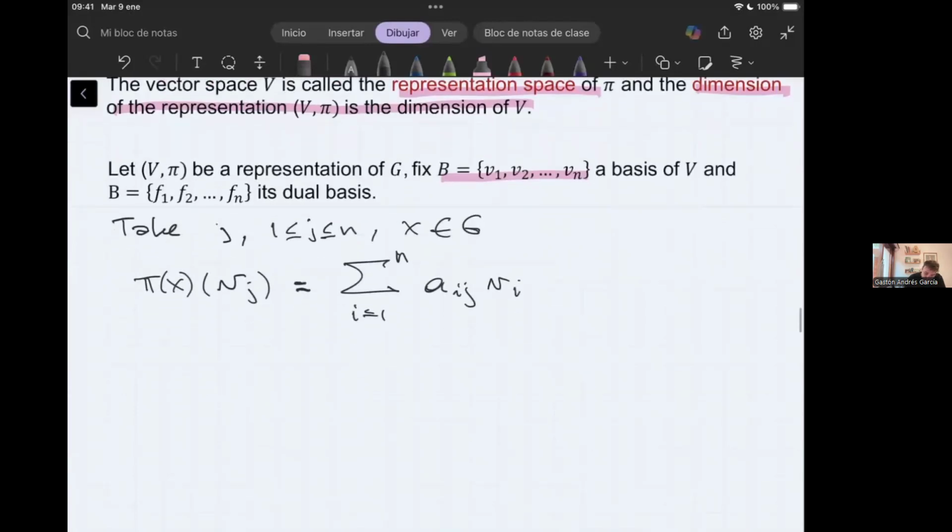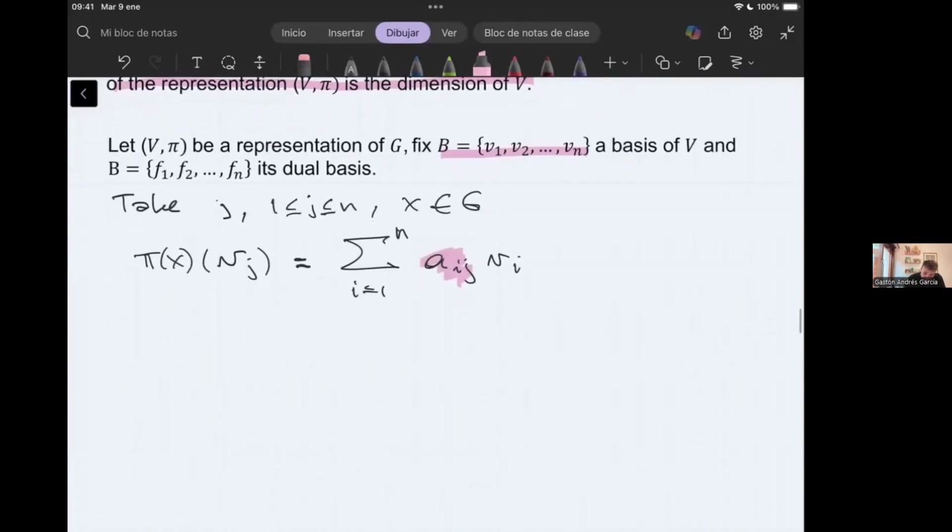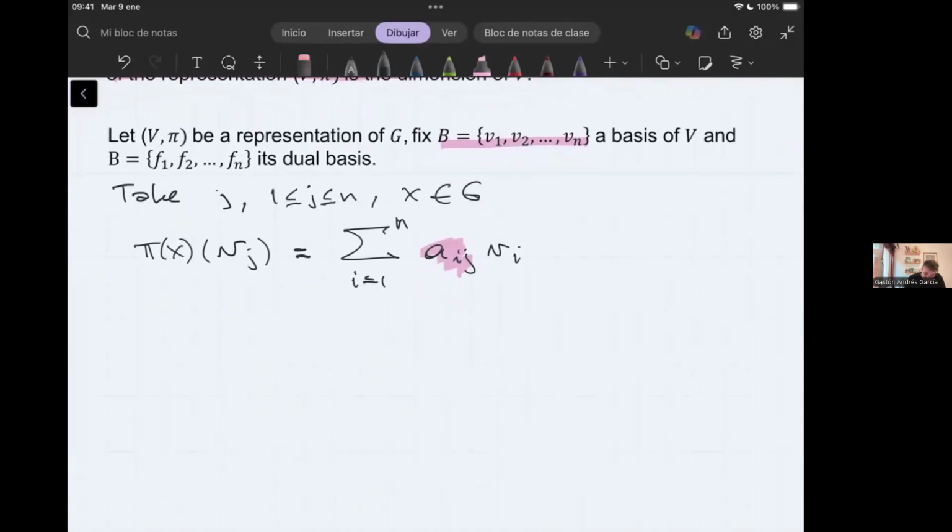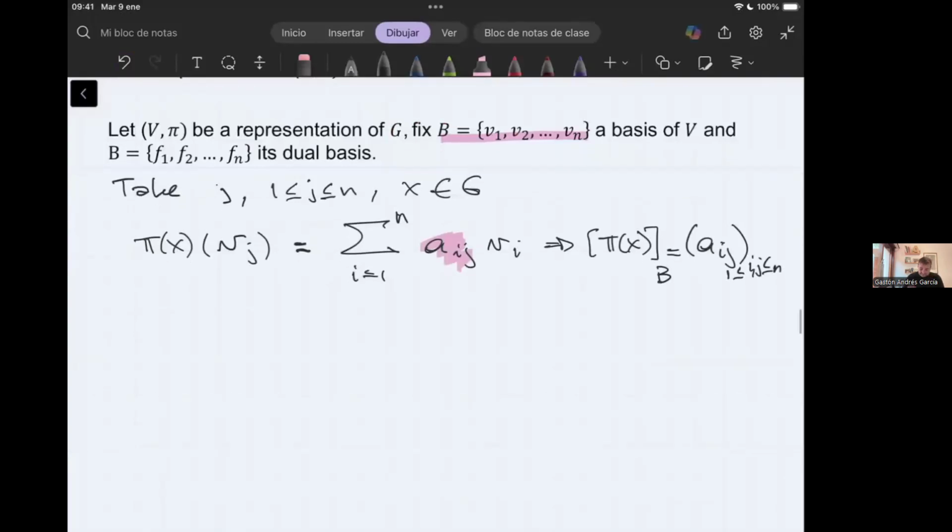And these elements here are the coefficients of our transformation. What we learn in our first course in linear algebra is that the matrix of our linear map, the linear map given by the image of pi on x, in the basis B, is given by this matrix, a_ij.